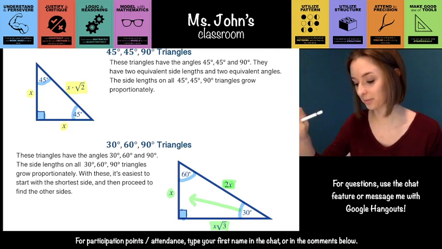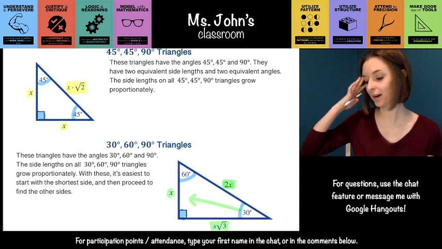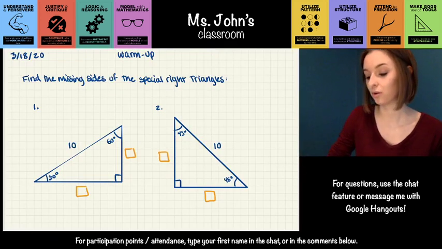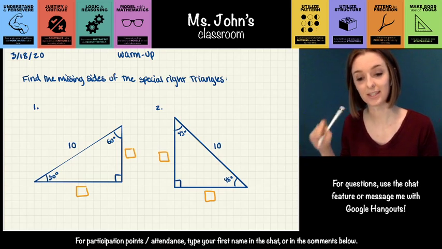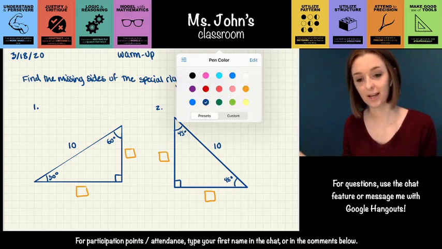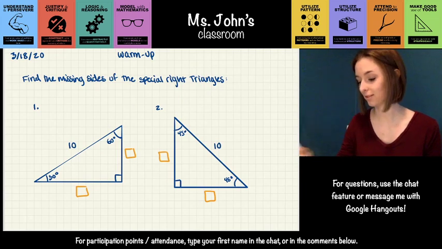So if you look at our warm-ups, we have that the hypotenuse is 10. So in order to go backwards from the hypotenuse to the side, instead of multiplying by root 2, you're going to need to divide by root 2.